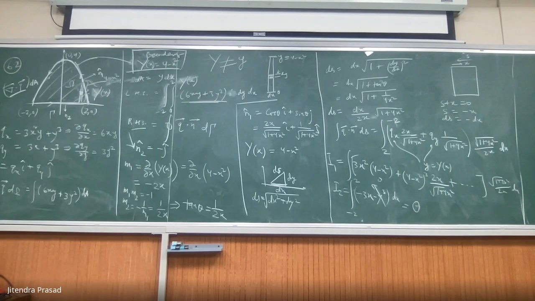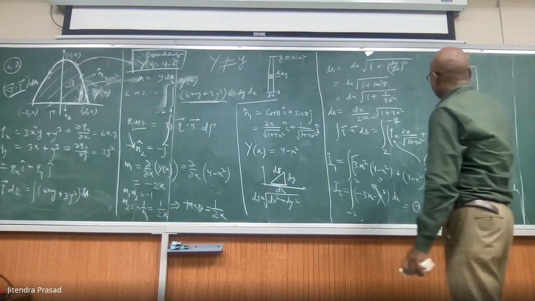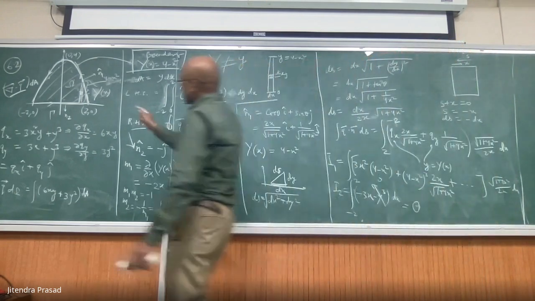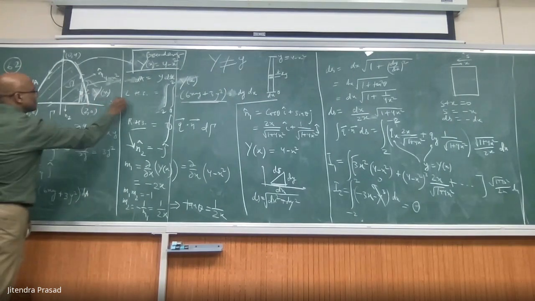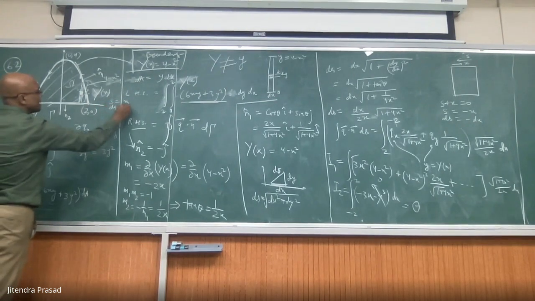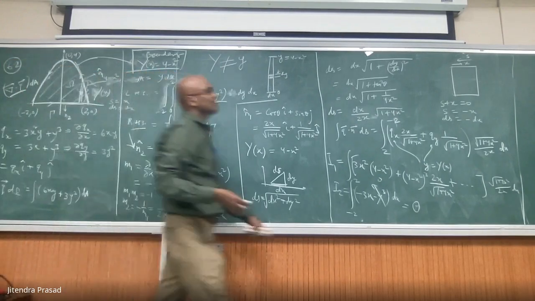So that way you have to relate. Accordingly, remember that. So instead of writing x and y, in terms of x, just assume that s is moving, and then accordingly we have to do. In this, s and x are aligned. We can say s equal to x, so ds equal to dx, and hence everything is good.